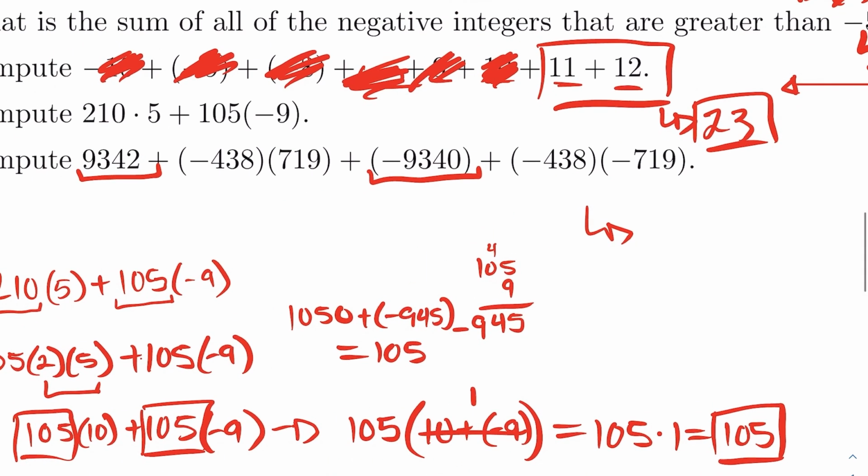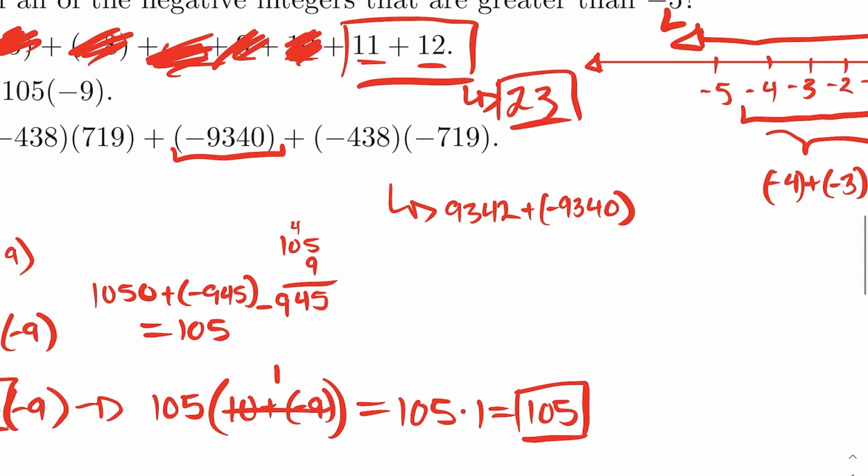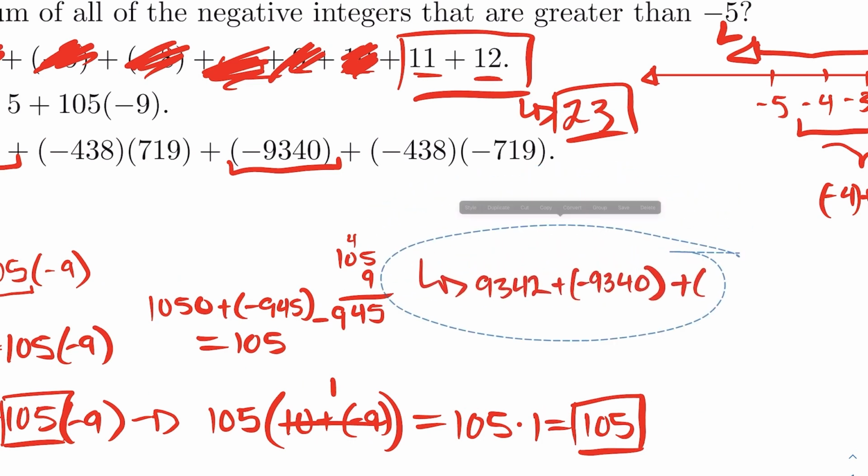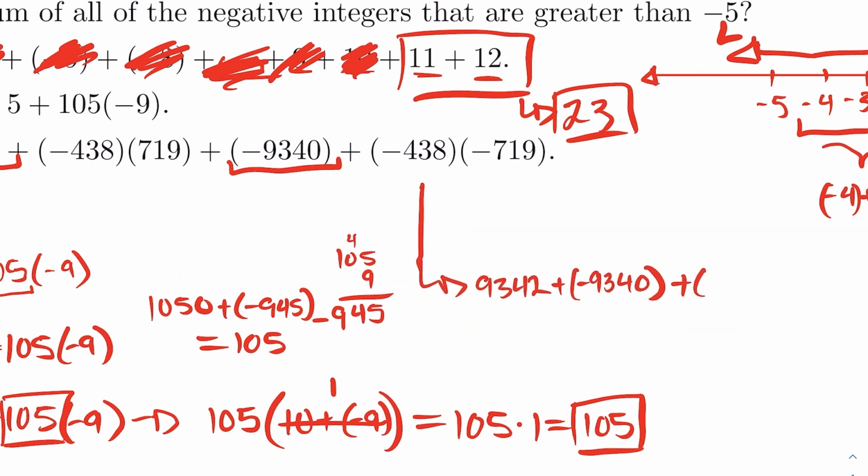So I'm going to say 9,342 plus negative 9,340, and then plus negative 438 times 719 plus negative 438 times negative 719.